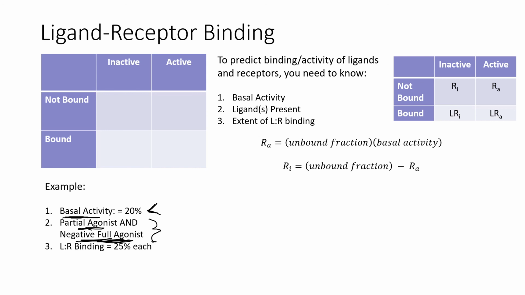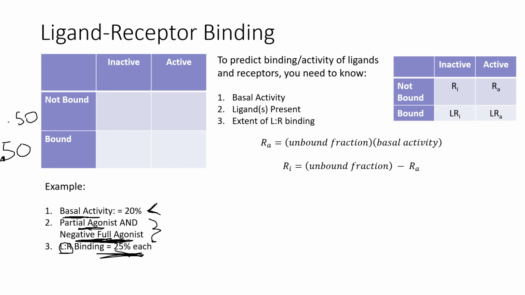And then when the receptor is bound to the second agonist, all of them are going to be inactive. And then the ligand receptor binding for each of these is 25%, which means that the total percentage of bound receptors is 50, or 0.5, sorry. And then the portion of unbound receptors is also 0.5.